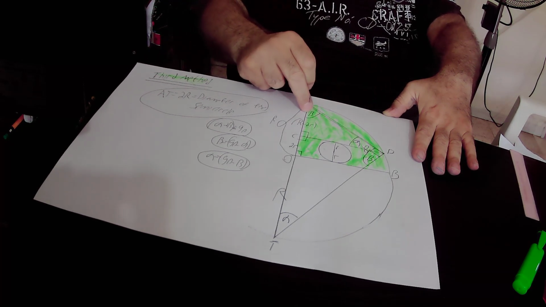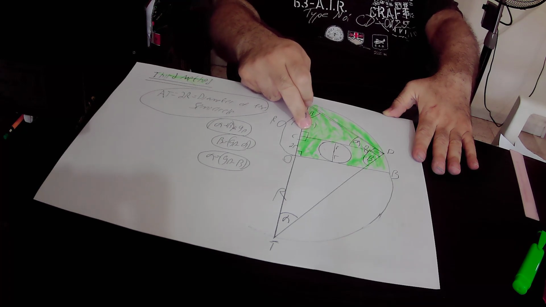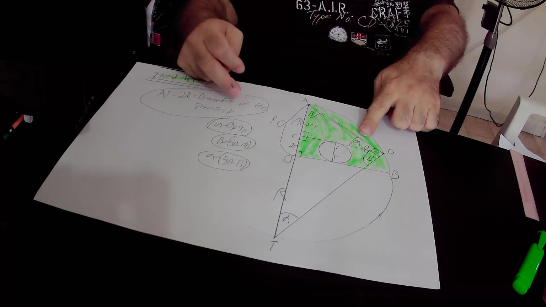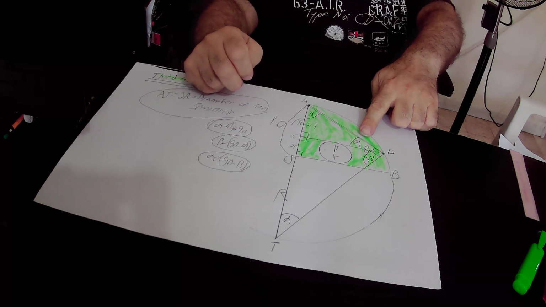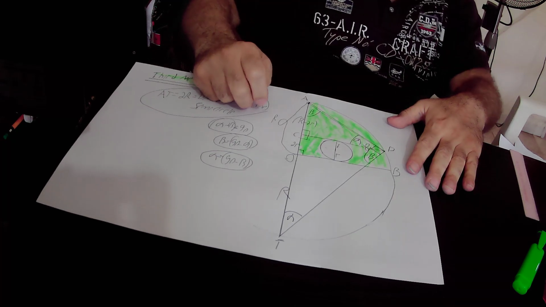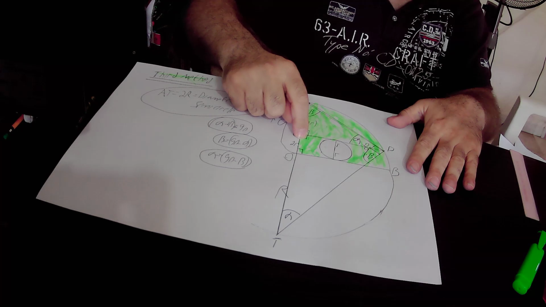In the right triangle ACD, this angle equals 90 degrees, this angle equals beta, therefore this angle must be equal to 90 degrees minus beta, but 90 degrees minus beta equals alpha. So we can substitute 90 degrees minus beta here by alpha. Likewise, in the right triangle CDT, this angle equals 90 degrees.